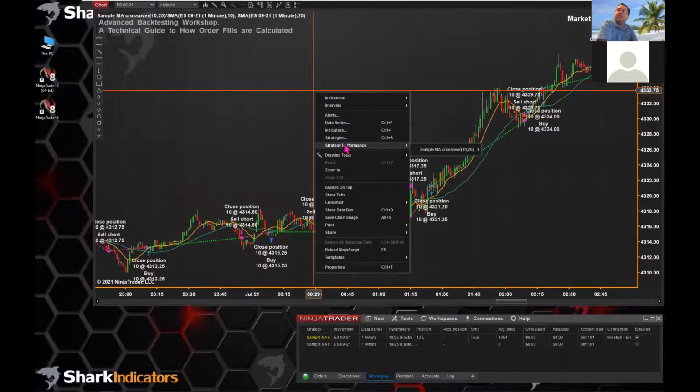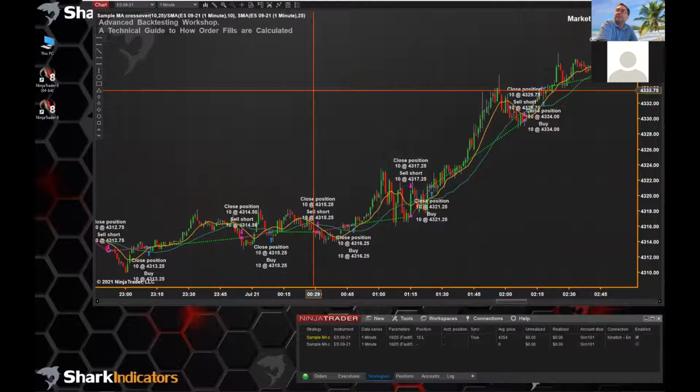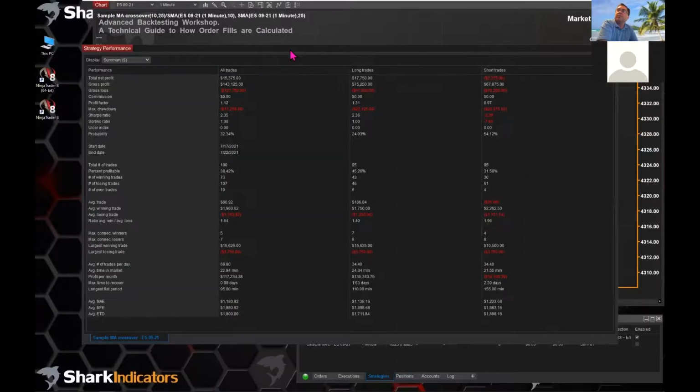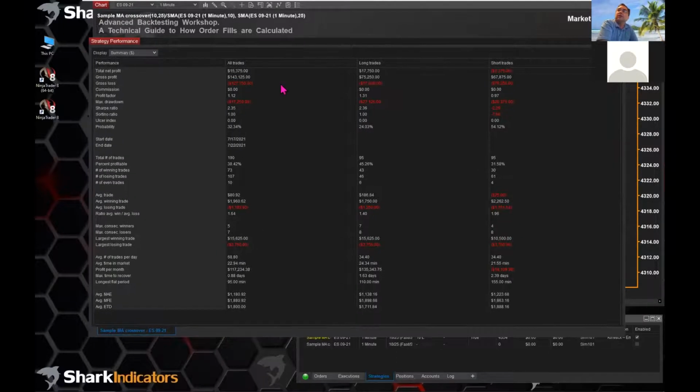It's not coming from the strategy, right? I'm not going into the strategy window. I'm going into the strategy performance window, which comes from NinjaTrader. And then we could take a look at the historical backtest results, right? So that's really the simple, straightforward, short version of generating backtest results.